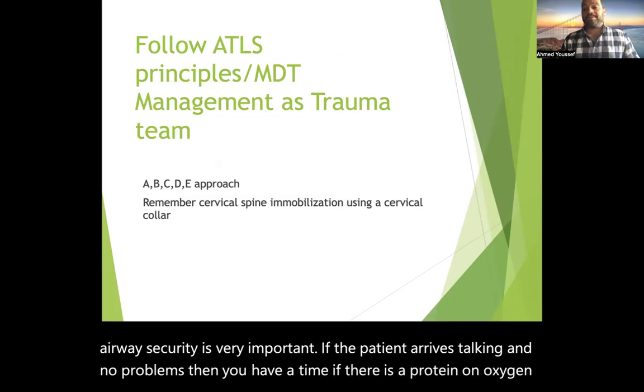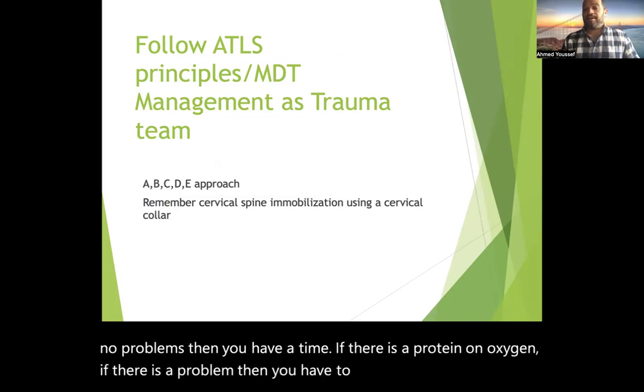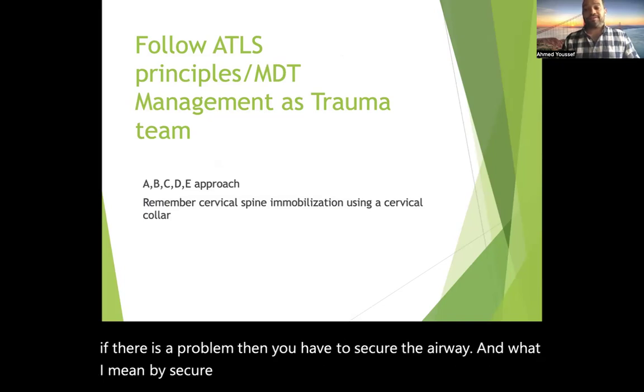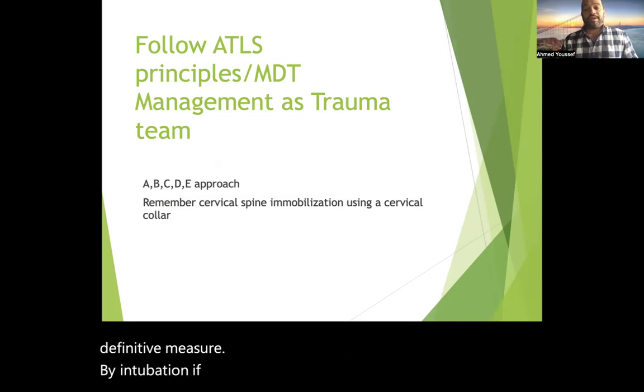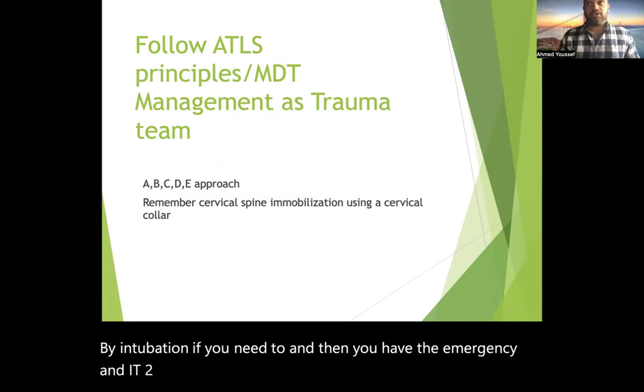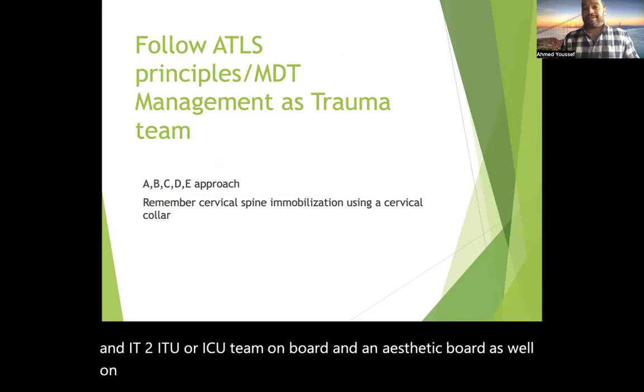If there is a problem, put him on oxygen, and then you have to secure the airway. And what I mean by securing the airway is a temporary measure, or even a definitive measure by intubation if you need to, and then you have the emergency and ITU or ICU team on board, and the anesthetic team as well, to get a secure airway.